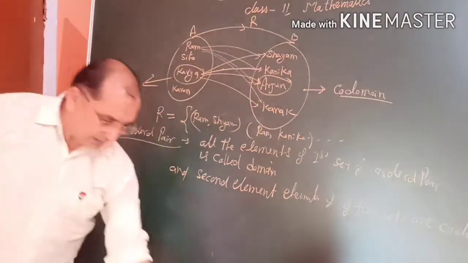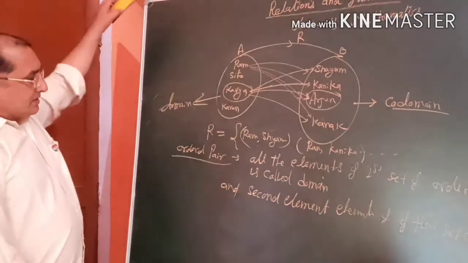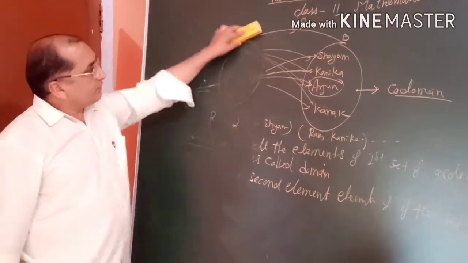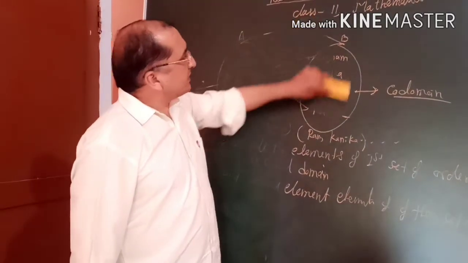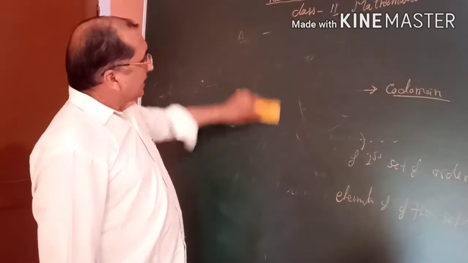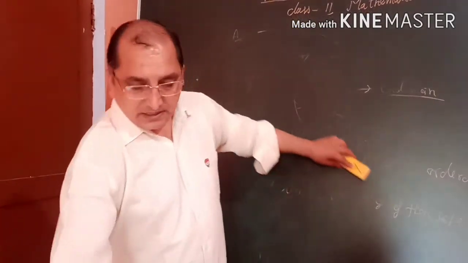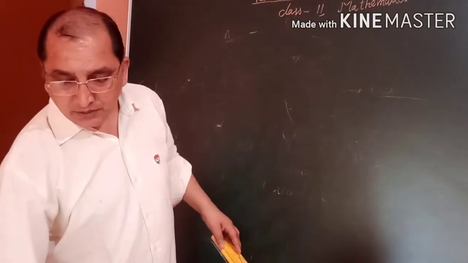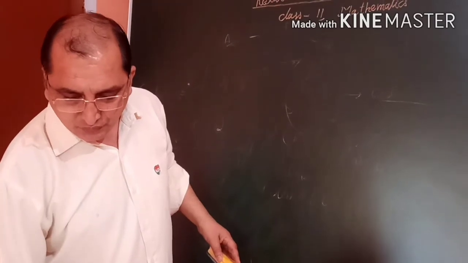Now we will discuss these things in mathematics, and some questions given in your books for the relations. Before this, I would like to tell you one more thing: relations, and then domain, codomain, and range too.